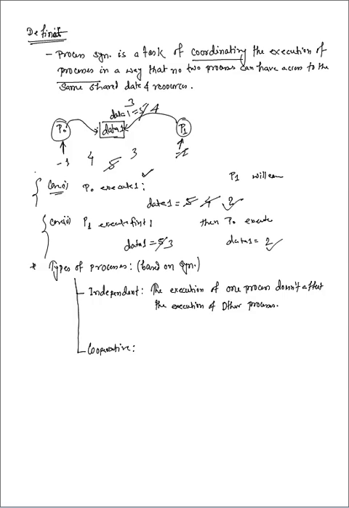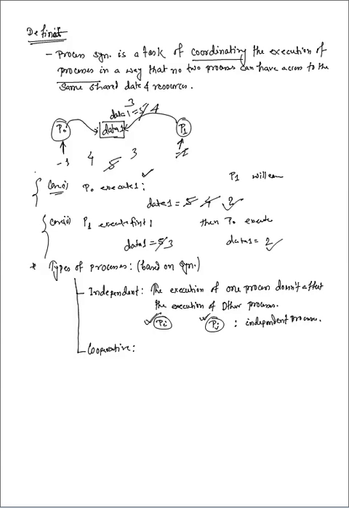Clear? So what I am saying is, let us suppose there are two processes Pi and Pj. If there is no dependency between Pi and Pj, then we can say that these are independent processes. Means Pi will execute on its own, Pj will execute on its own, without affecting each other, right?